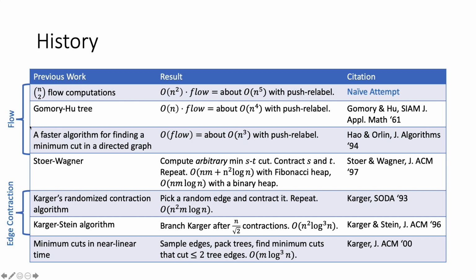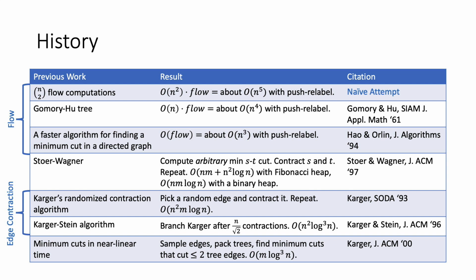Then this was improved by the Gomory-Hu tree, which can compute all pairwise flows with a linear number of flows. And finally, this flow research for minimum cuts concluded with the paper by Hao and Orlin, which showed that you can compute a minimum cut in complexity within a constant factor of what you can use to compute an s-t max flow.